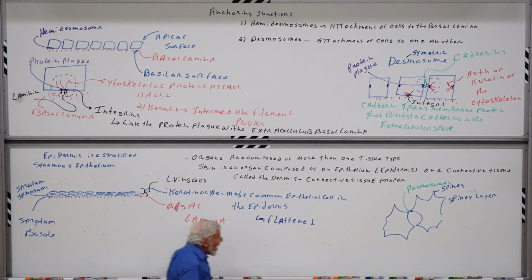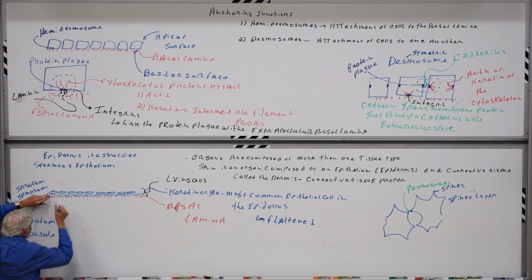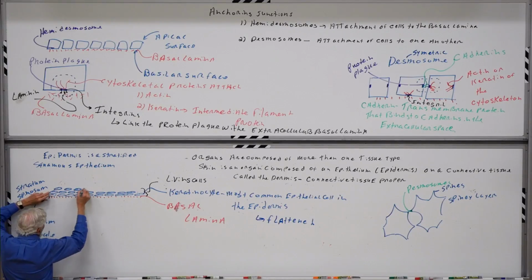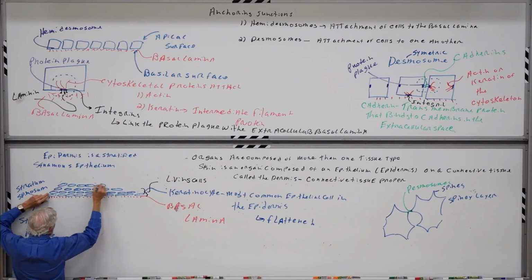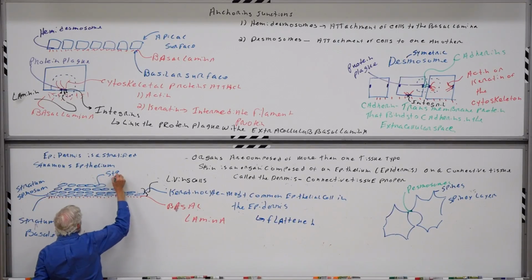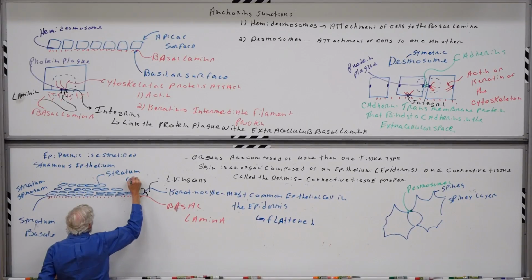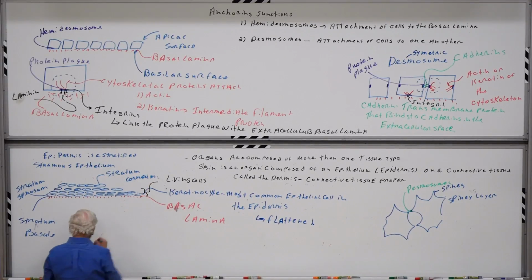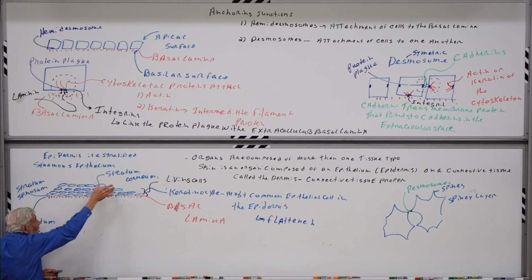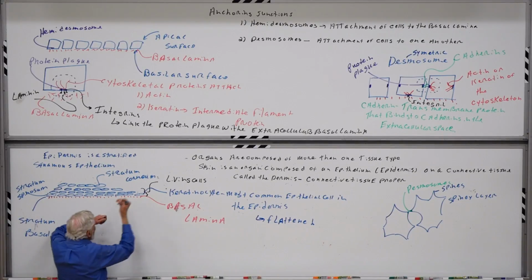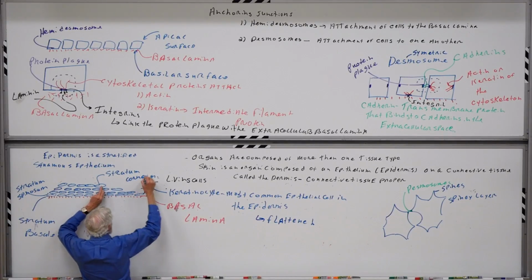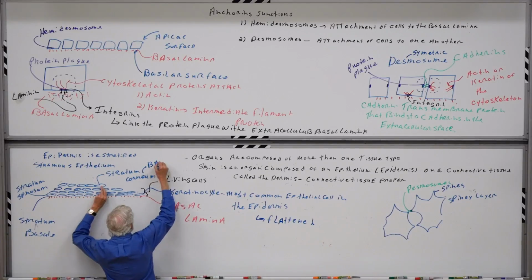As you move away from the basal lamina and move from the stratum basale to the stratum spinosum, to the other layer, this is called the stratum granulosum, finally to the outside, where we now have the stratum corneum. It's called the stratum corneum because this is Greek, it refers to the horny layer, and what it basically is, by the time you get out here, these keratinocytes are bags of keratin.